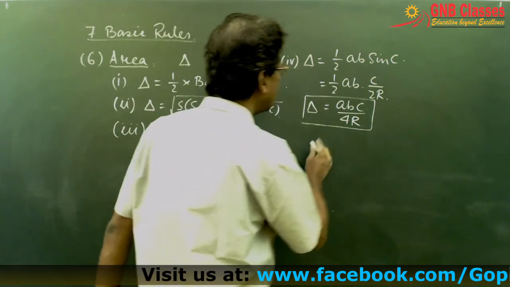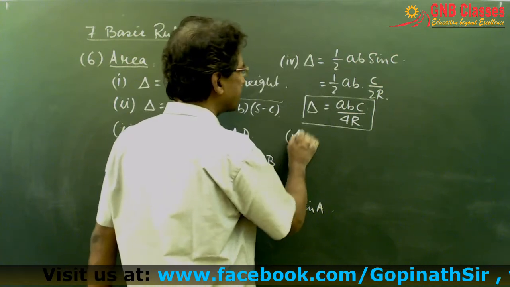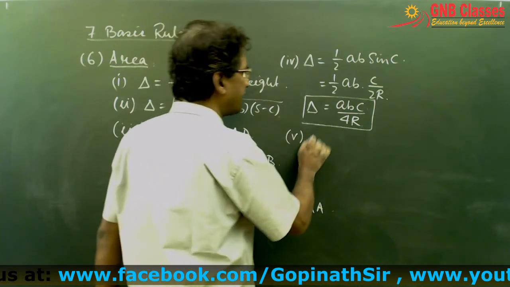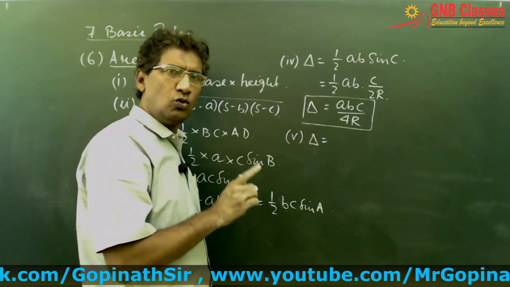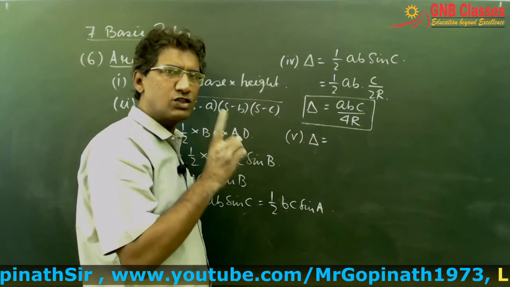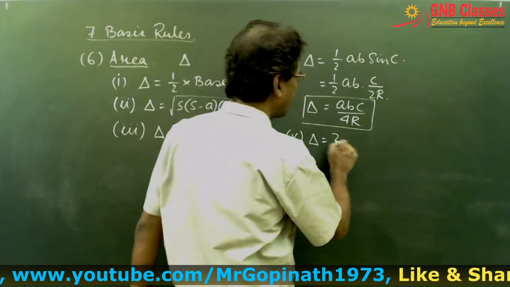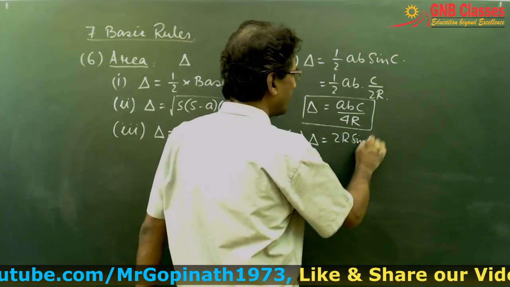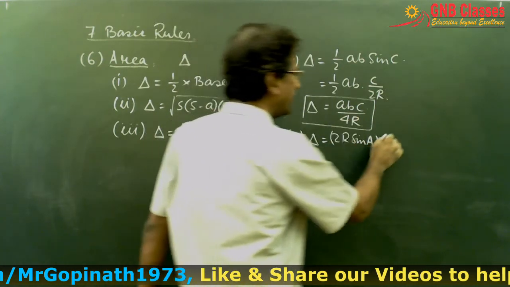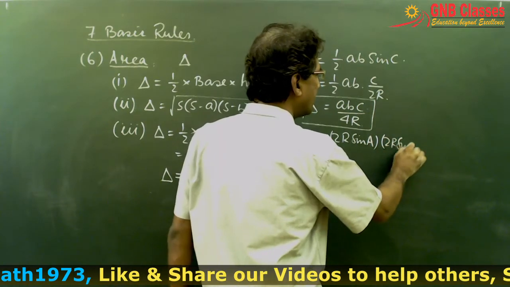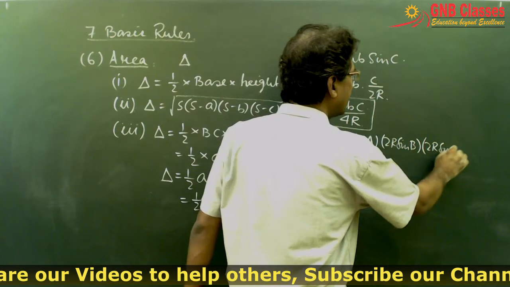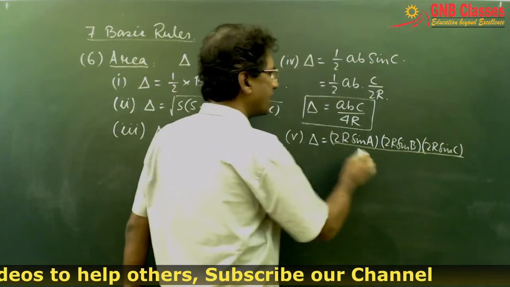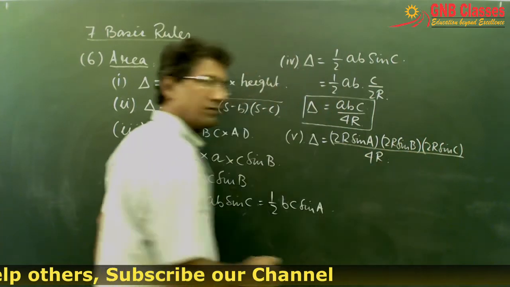Okay. Now again, let me find another formula for the area. A can be replaced by 2R sin A, from the sine rule. For B, we can write it as 2R sin B. And for C, we can write it as 2R sin C, divided by 4R. Is it clear?